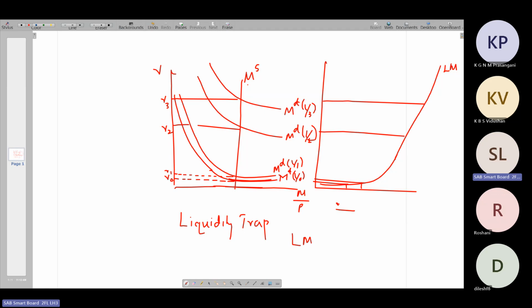Therefore, they are not demanding money under such situations because it creates capital losses. Therefore, money demand under the speculative motive decreases. So that is the liquidity trap situation.